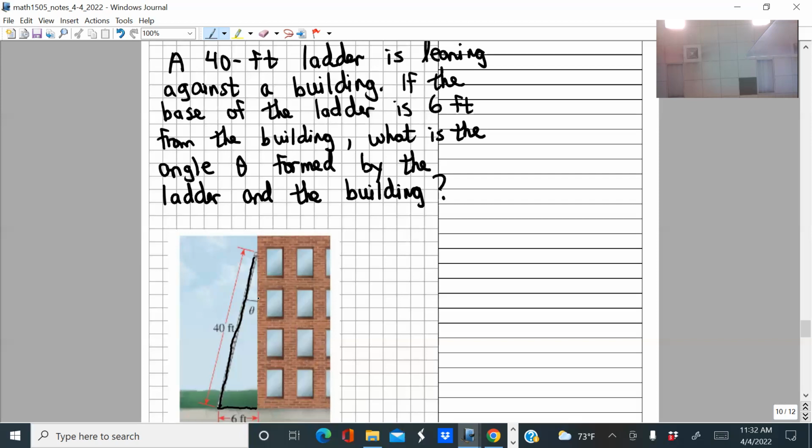That one. Here. And you calculate. Good.